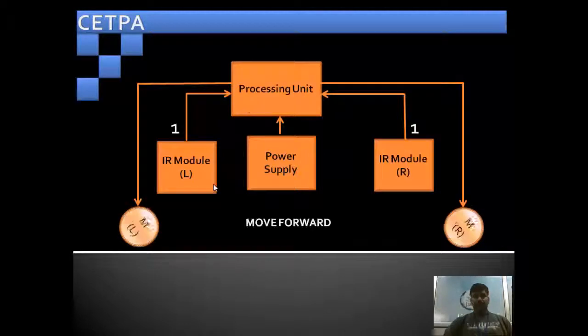Now the processing. For forward motion, when both the right and left IR sensors give 11 as input to our processing unit, the CPLD, our motors move forward, as you can see in this animation.